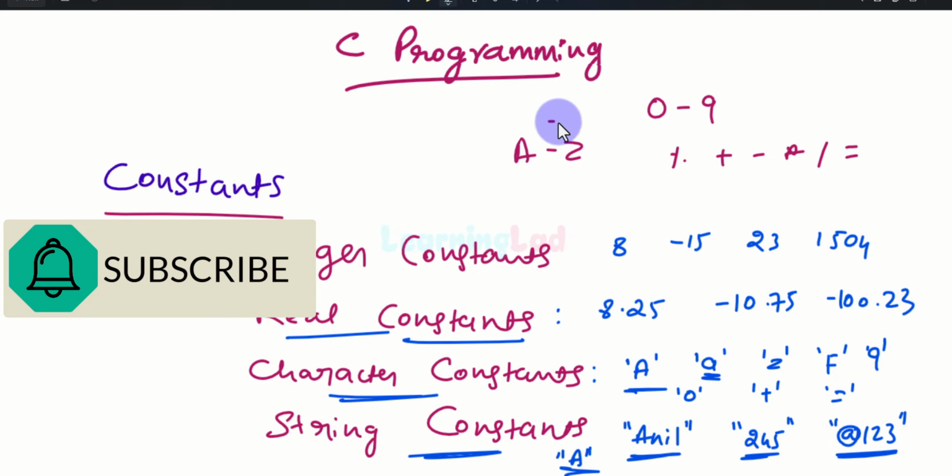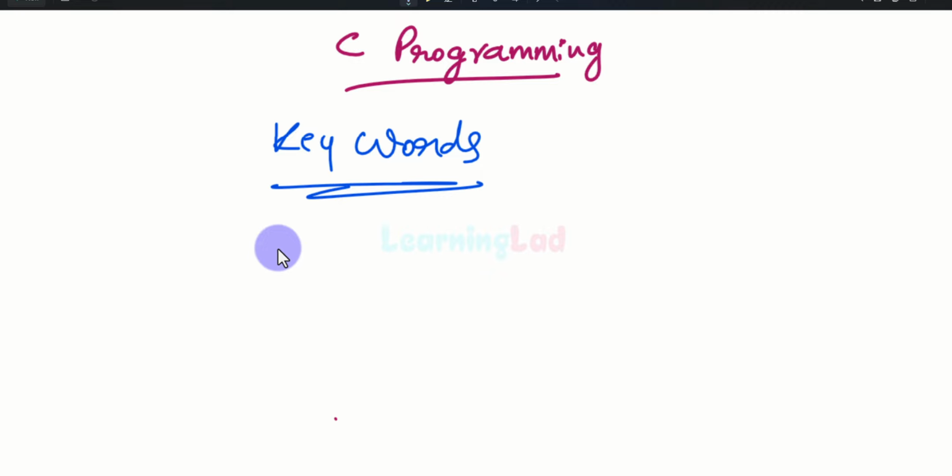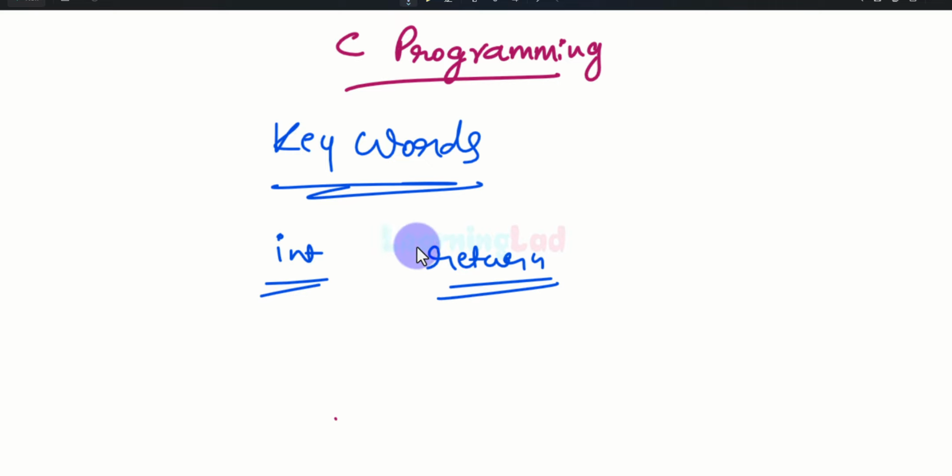Now let us talk about the keywords. In C programming, keywords are nothing but special words whose meaning is already defined in the language. For example, in the Hello World program that we have written, we have used a keyword called int. We have used the keyword return. These are special words whose meaning is already defined in the C programming language.